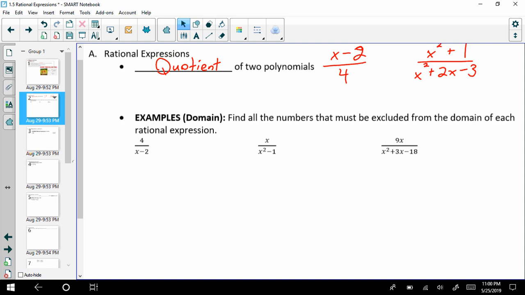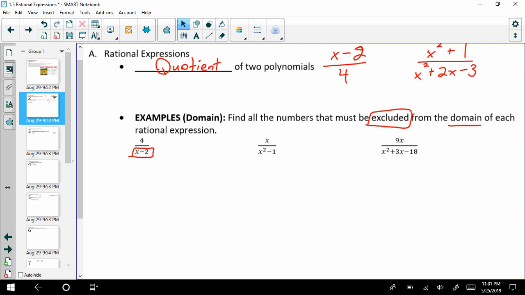So this first example: find all the numbers that must be excluded from the domain of each expression. The domain just means everything that x could represent. So like if it could be 2 or 5 or negative 0.3 or negative 100,000. On this first example, look at the denominator.